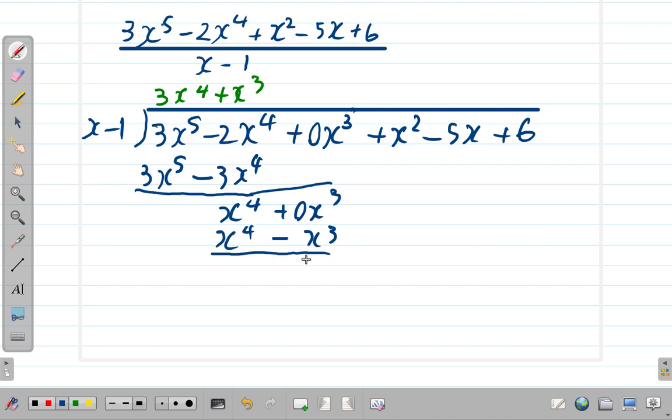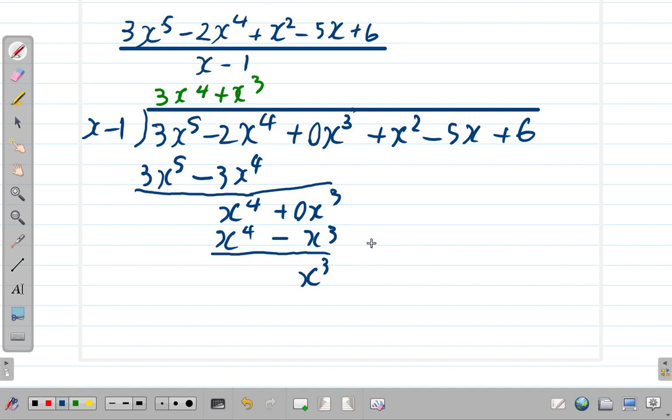And we subtract. 0 minus negative is going to be plus. So 0x cubed minus negative 1x cubed is the same as 0x cubed plus x cubed. So this is x cubed. Alright? You see that?